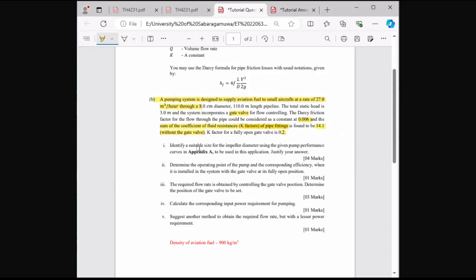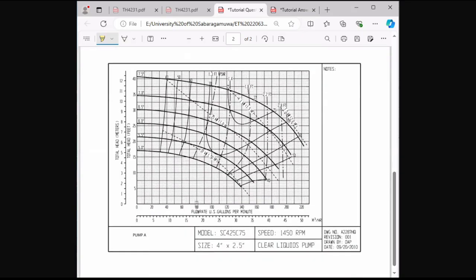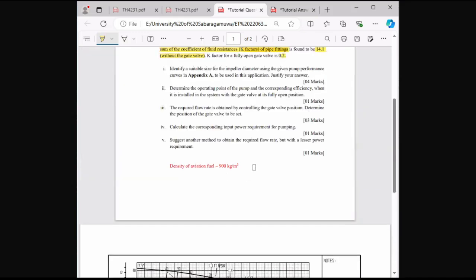Then the first task: identify a suitable size for the impeller diameter using the given pump performance curve. In Appendix A, you can find the given pump characteristic curves, given by the pump manufacturer.